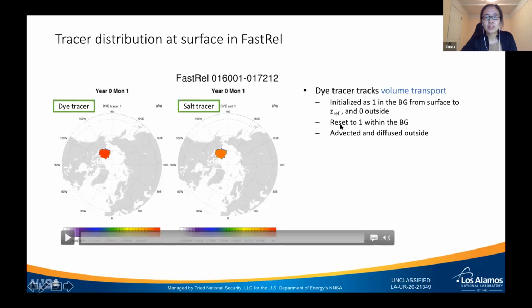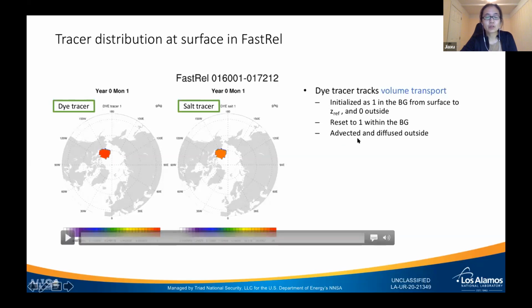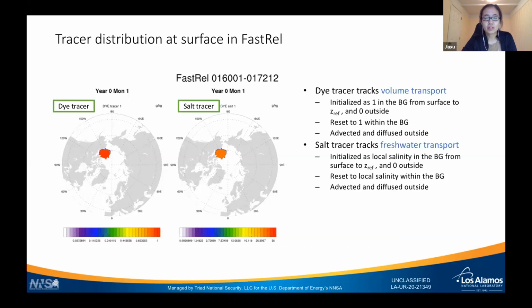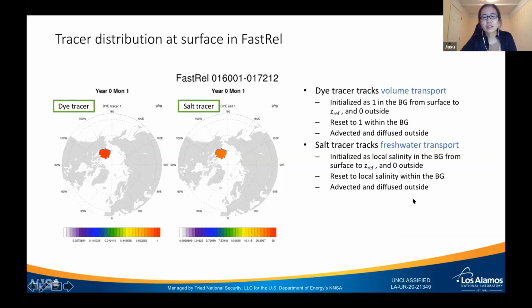When we do the integration, we reset the value inside this Beaufort Gyre region to 1 at each time step, and outside it's advected and diffused just like a passive tracer. The second tracer, which is quite unique in our research, we call a salt tracer. It tracks the freshwater transport. It's essentially the same as the dye tracer, but we initialize it as the local salinity value, and when we reset, it also gets reset to the local salinity.